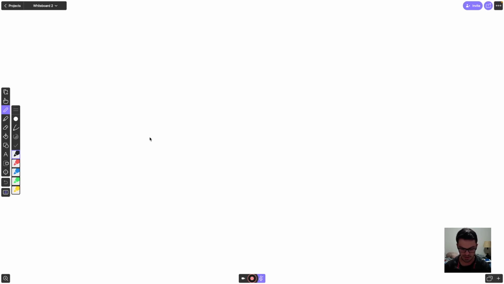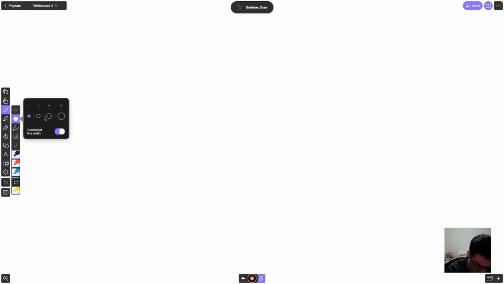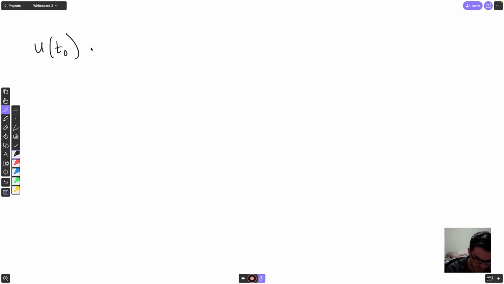So in this portfolio optimization problem, a lot of times you could have utility at time 0, and then something with utility at time 1, and maybe you'd sum these or something like that.